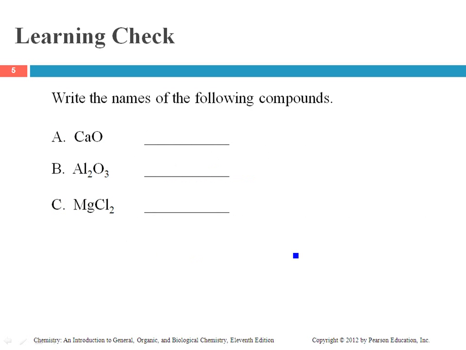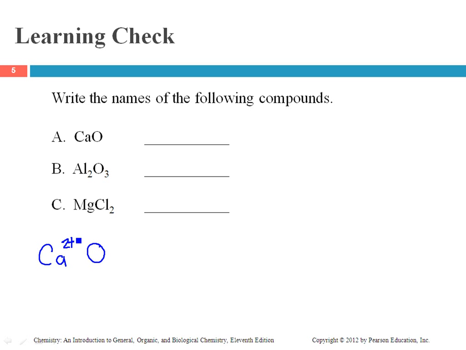So let's name the following compounds for practice. If we have calcium, we're looking at CaO, and we have oxygen. We're going to find calcium on the periodic table, or Ca, if you didn't know it was calcium. And it's in group 2, so it has a 2+ charge.